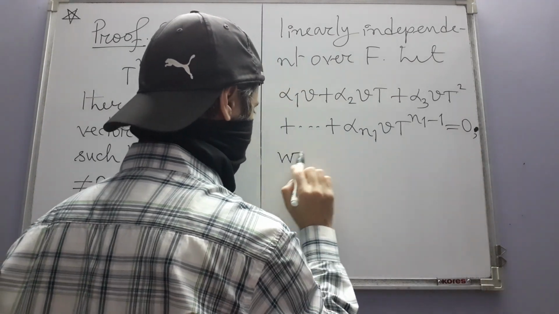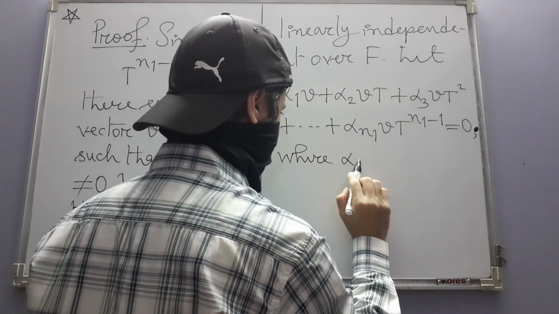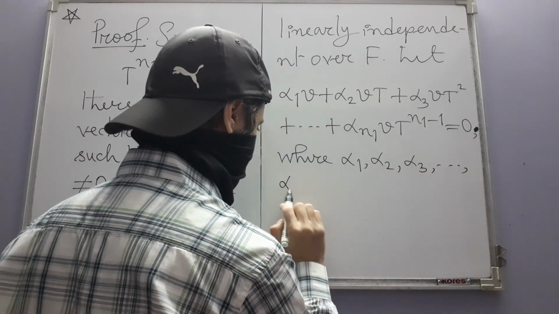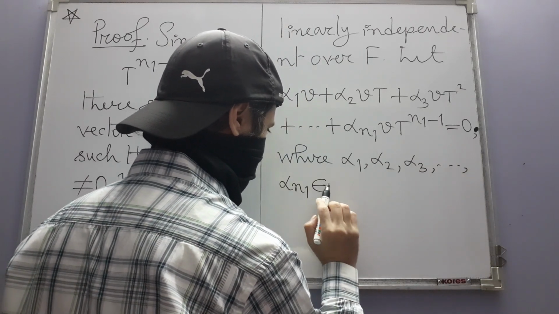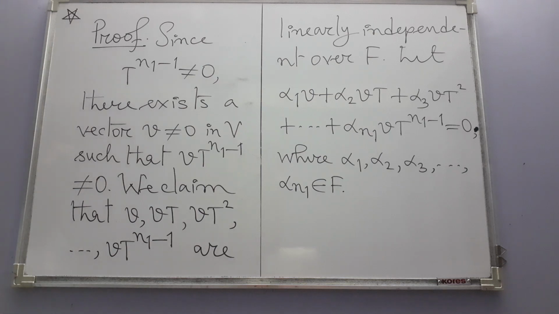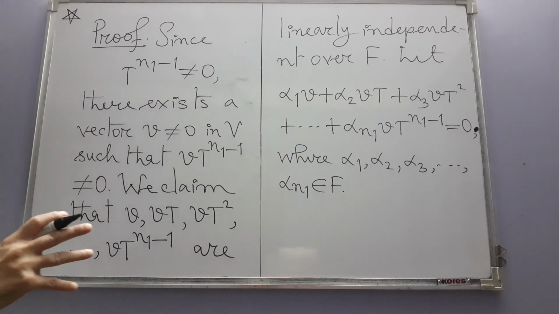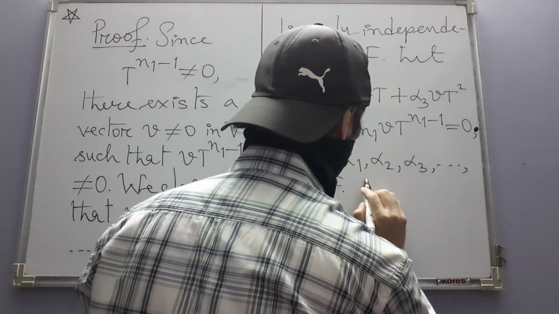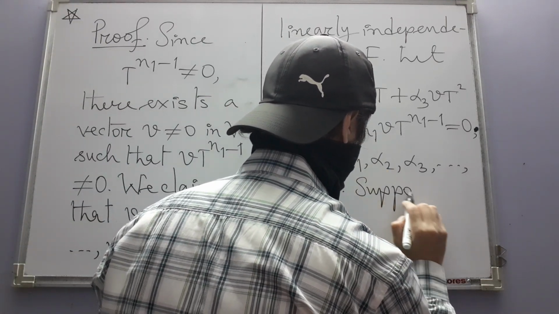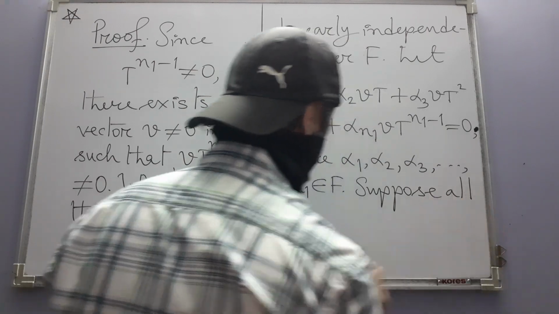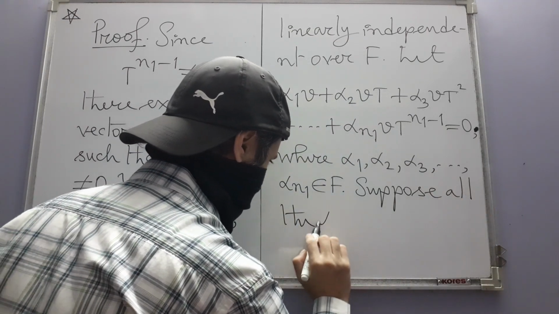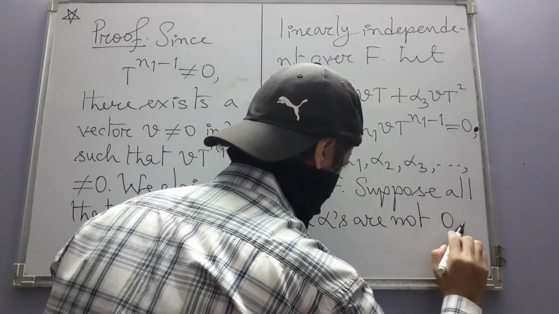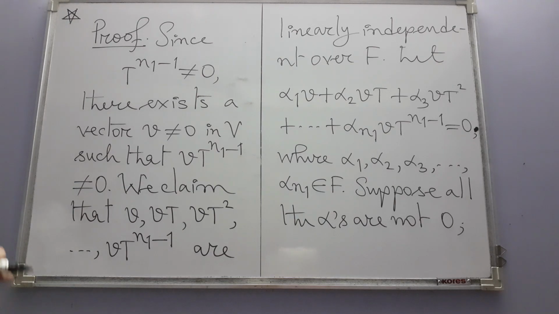where these alphas are coming from the underlying field F. Our aim is to prove that all the alphas are 0. Suppose that's not true. Suppose all the alphas are not 0. That means there are non-zero alphas.